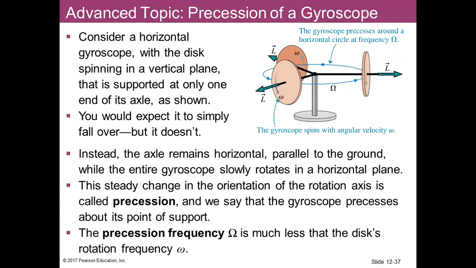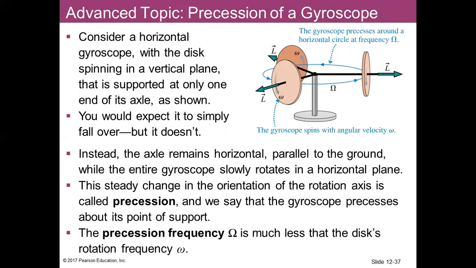Okay, consider the precession of a gyroscope. Consider a horizontal gyroscope with the disk spinning in a vertical plane that is supported at only one end of its axle, the point of rotation, as shown. We would expect it to simply fall over, but it doesn't.